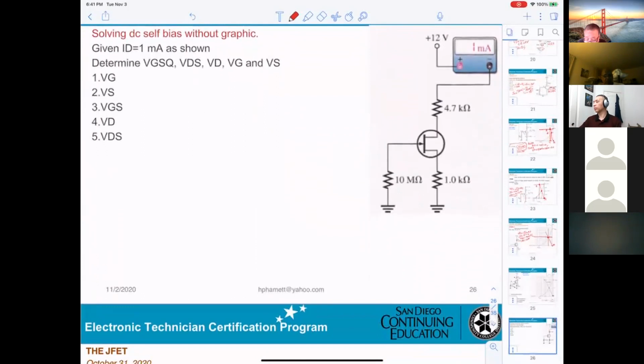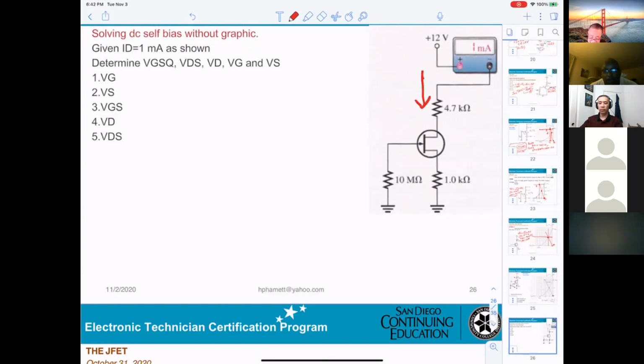Now, you get the circuitry here. They say solving DC self bias without graphic. Why? If you look at the circuitry, what they gave you, you don't have to use any graphic. It's given 1 milliampere. Exactly. That's what they gave you, ID, right?